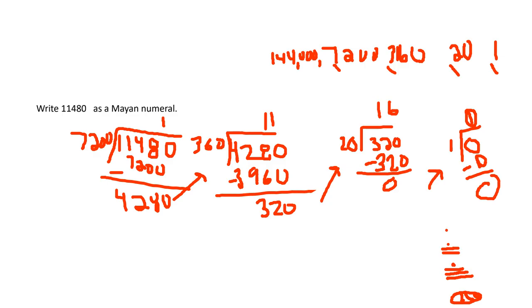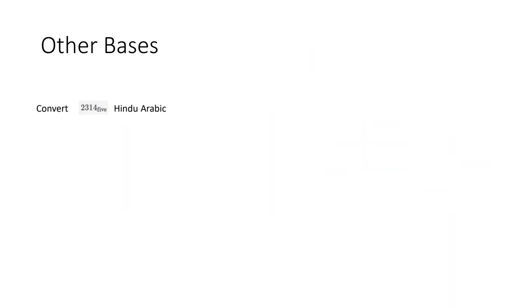All right, so for the next week, we'll do some more bases here. We'll talk about different bases, and then we'll be doing some adding and subtracting with different bases. And the idea is for these right here, they work the same as what we've been doing with the Mayans and the Babylonians.